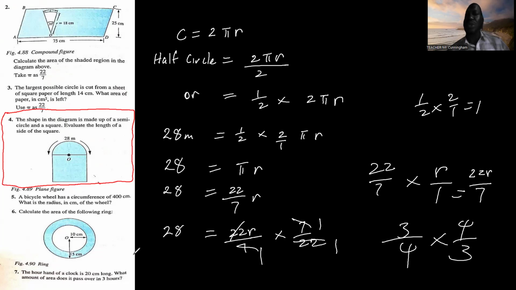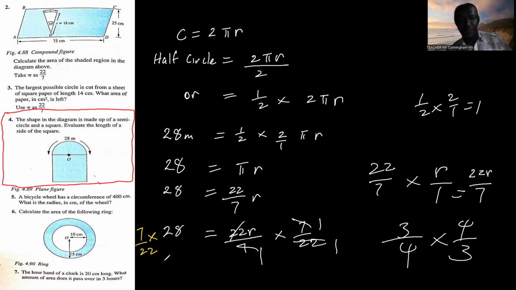But whatever you do on one side, you have to do it on the other side. So I multiply by 7 over 22 on the right-hand side. I have to do it on the left-hand side. All right, people?